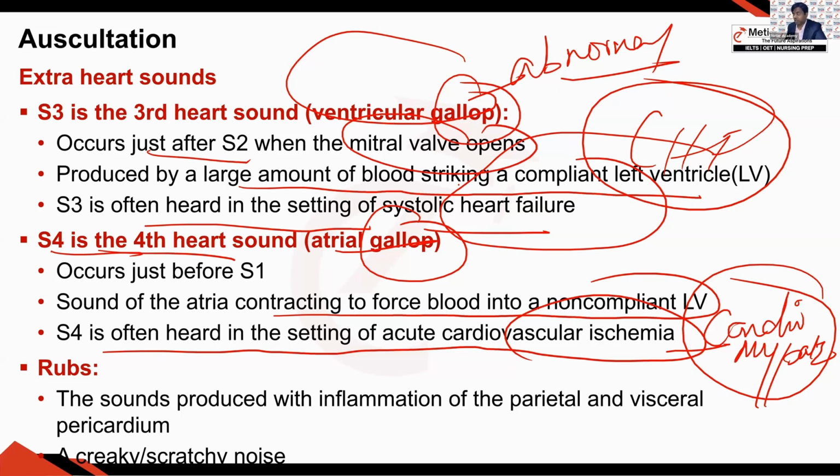We might think athletes have tachycardia, but since they are always running and keeping their body fit, their heart rate will be 55, 60, borderline 60. Why? Because when the contractions are stronger, the pumping rate decreases.